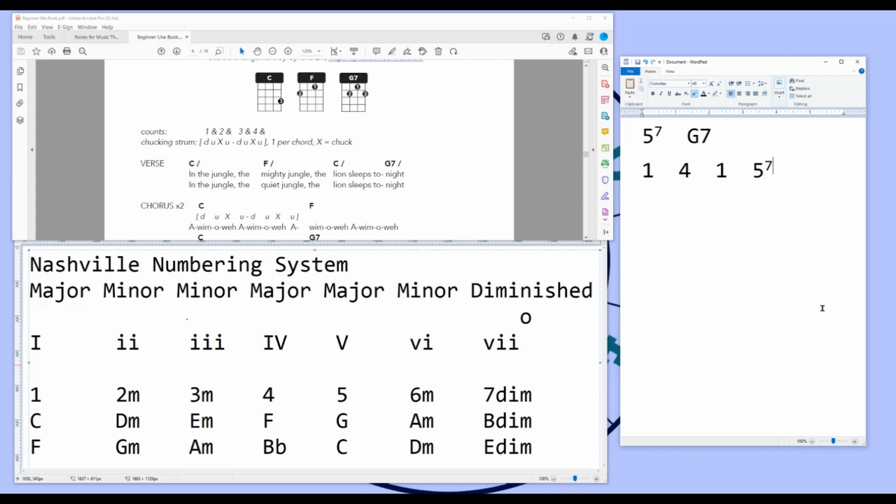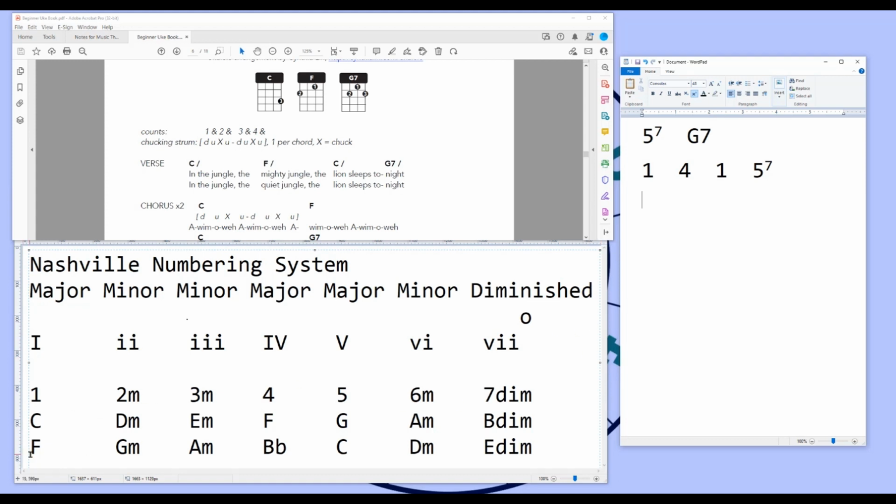How is that useful? That just seems like regular information. Well, what if I said, let's play this in the key of F? You're going to go, oh, what do I do, right? Well, no. What you're going to say is, what is the 1, 4, and 5 in the key of F?